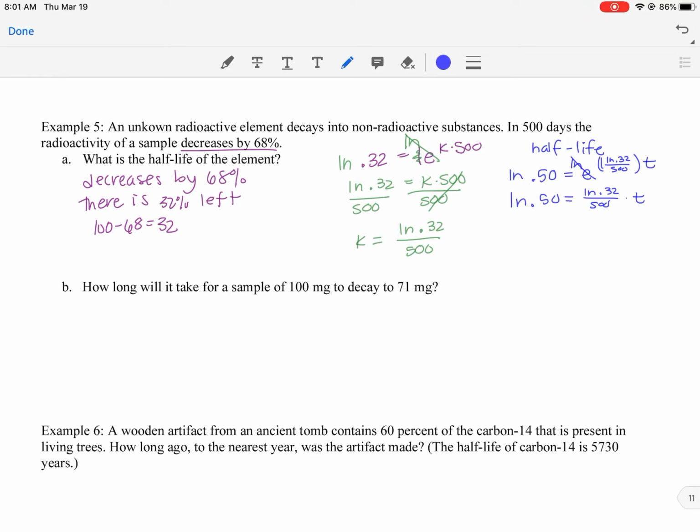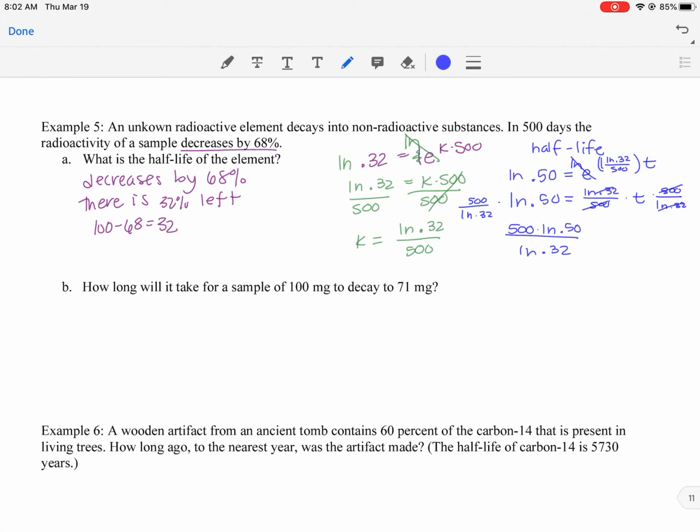You've got two options. You can either divide by that natural log of 0.32 over 500, or you can think about it as multiplying by that reciprocal. So these would cancel. Gotta do the same thing over here: the 500 divided by natural log of 0.32. So then we can type in our calculator 500 times natural log of 0.5 divided by natural log of 0.32.